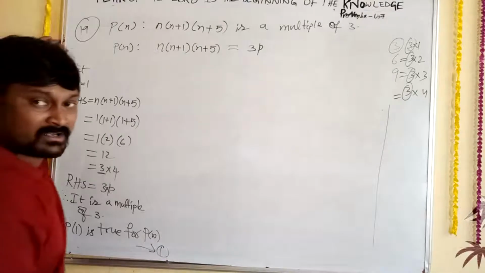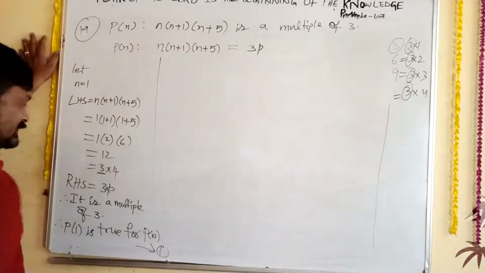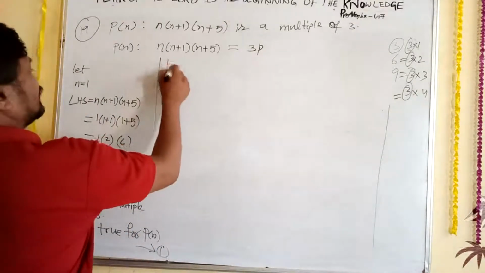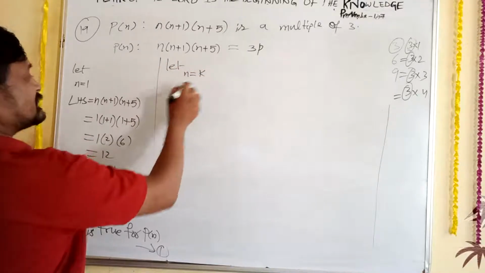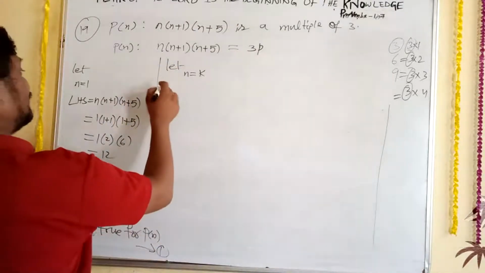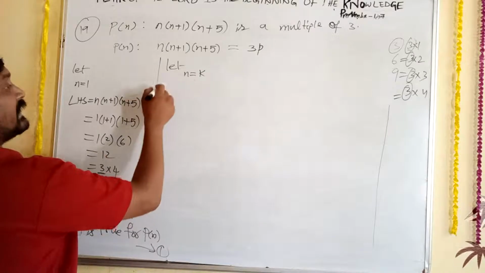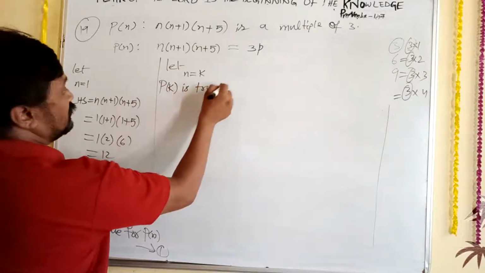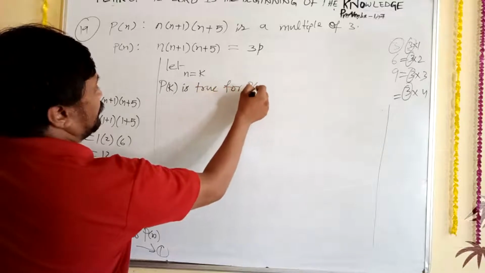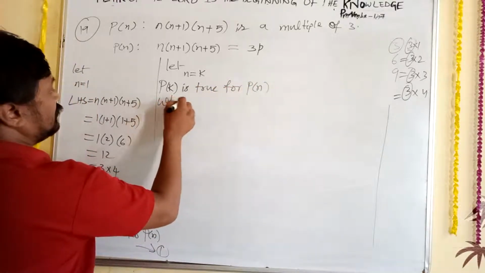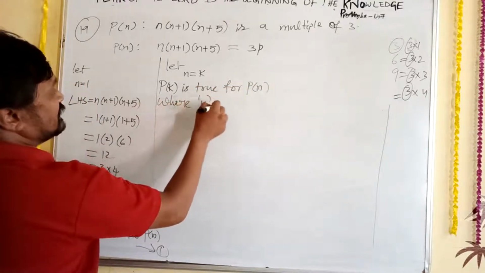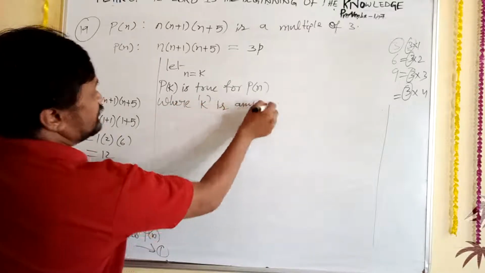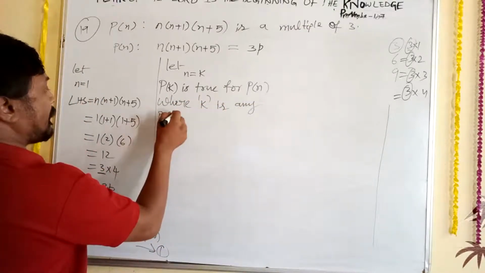This is the second model. Everyone concentrate. So next, the same procedure again. Let n is equal to k. Then we can write P of k is true for P of n, where k is any positive integer.